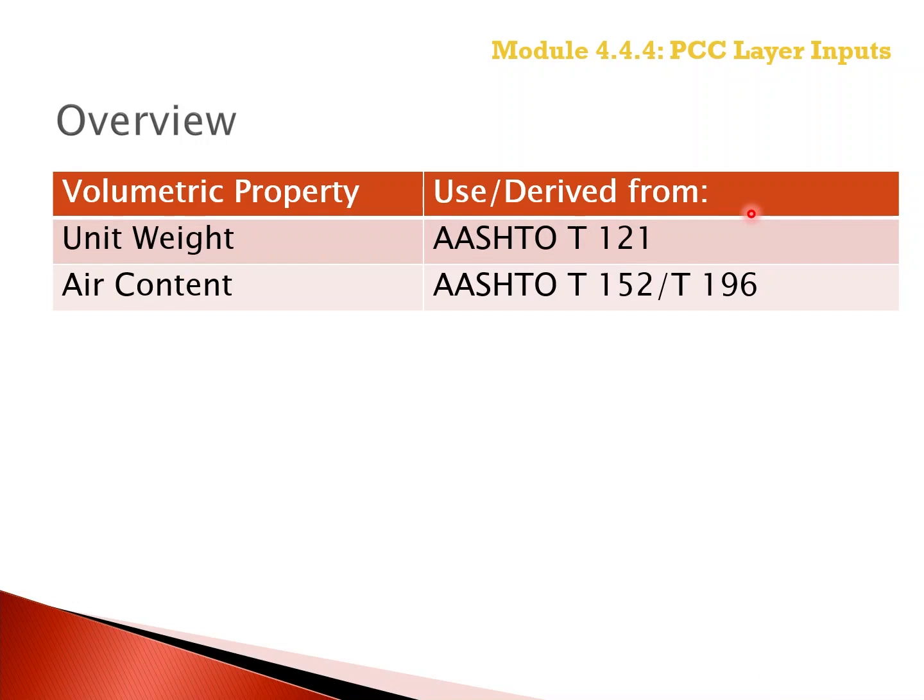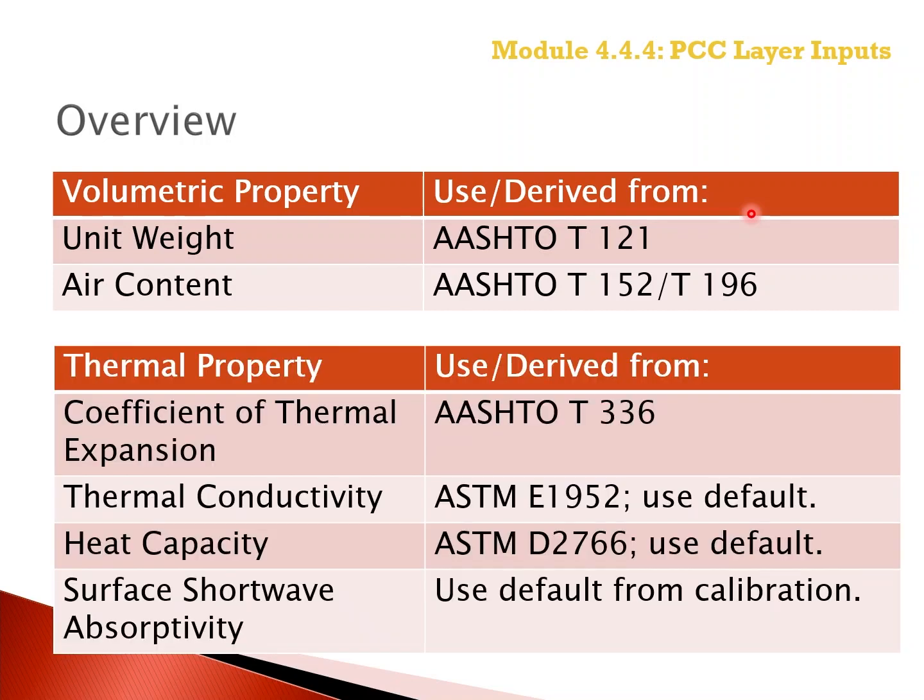In summary, the default and or test procedure used to measure the PCC thermal and volumetric properties are listed on this slide. The test procedures are listed in Table 10-4 in the MEPDG Manual of Practice.